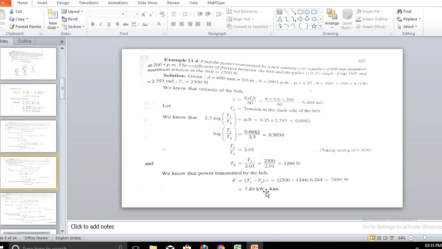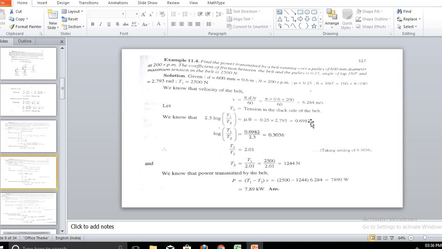Now in the power formula we have obtained the v value. The maximum tension T1 in the belt is given as 2500, but T2 is not known to you. Another formula having a relation between T1 and T2 is 2.3 log (T1 by T2) is equal to mu theta.